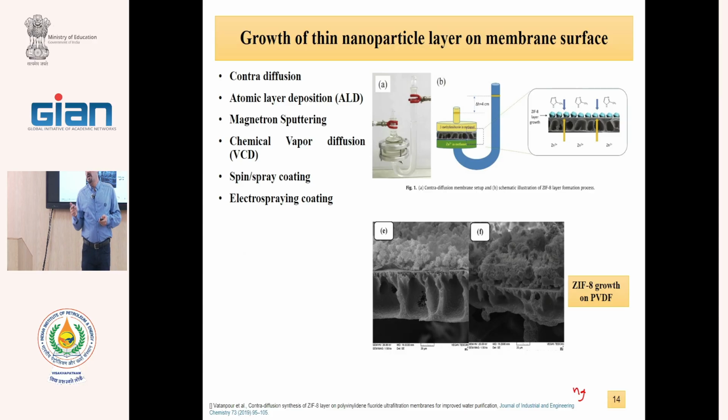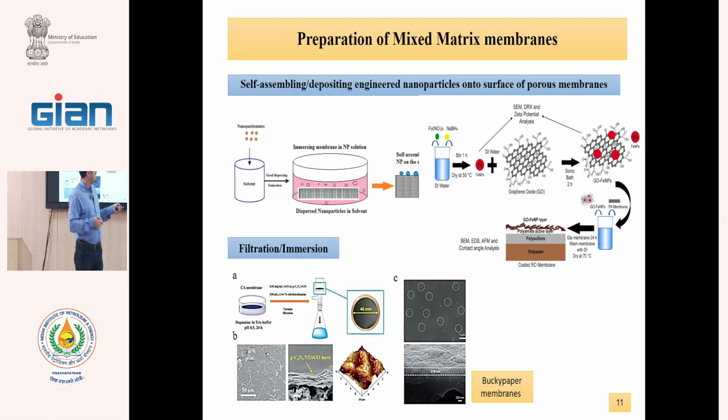If I understand your question, we want to locate the nanoparticles on the surface. But on the surface, the nanoparticles can be leached and are not stable, as presented in the previous methods.